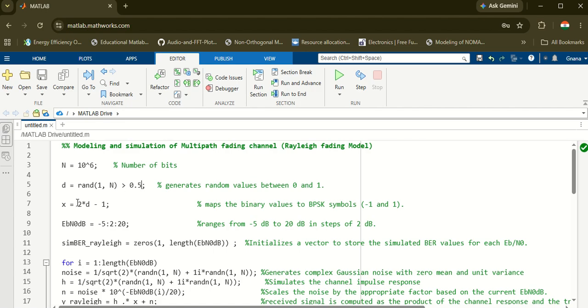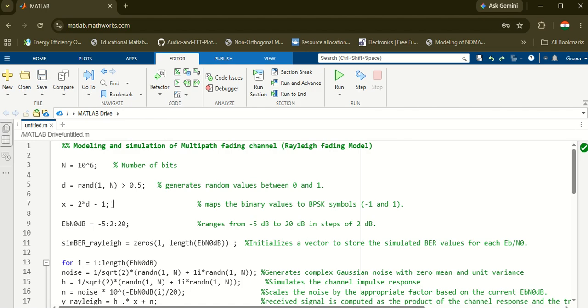Now I am going to map these ones and zeros with respect to BPSK modulation by using this command 2d-1. So, for example, let us substitute d equal to 0 in this formula. What will you get? 2 into 0 is 0, minus 1, so my answer will be -1.